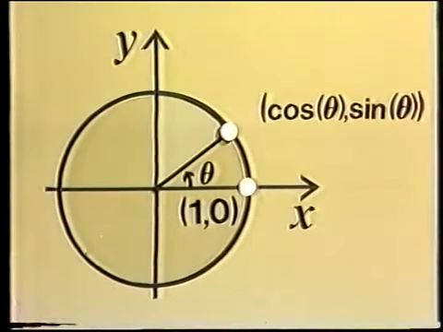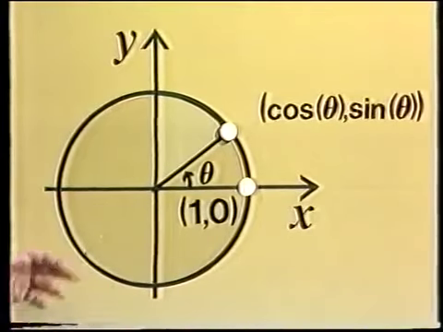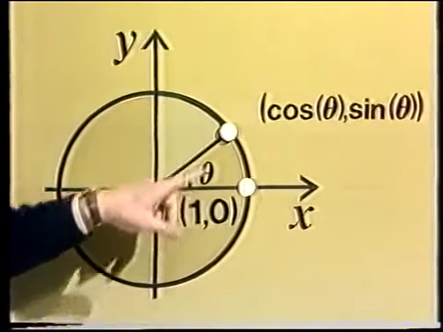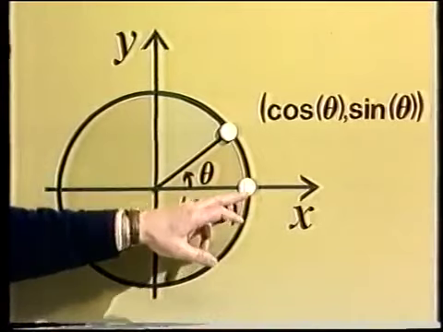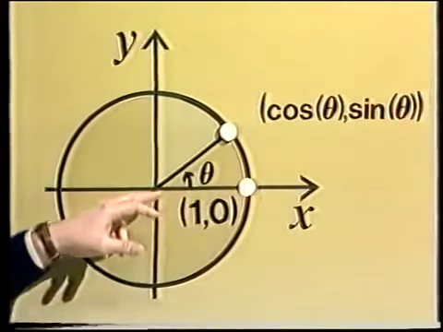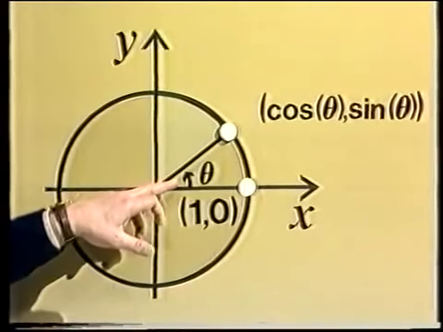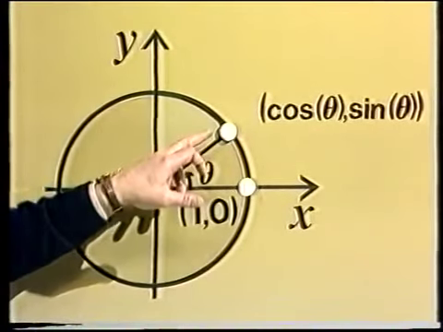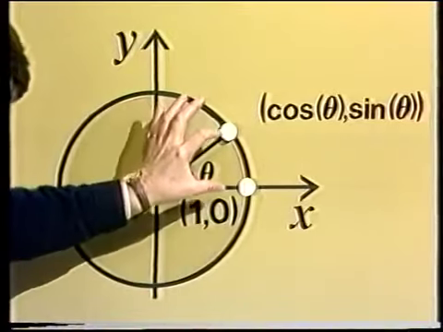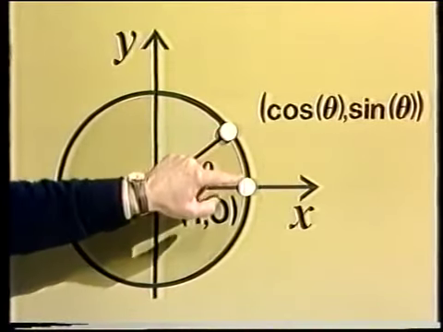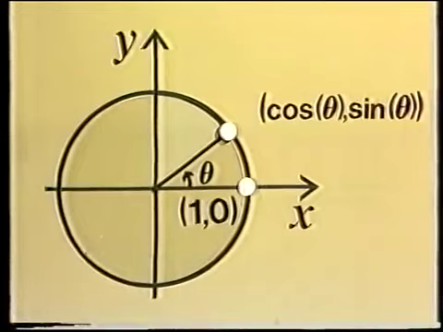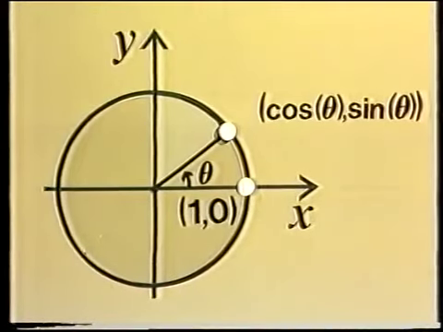But we always measure angles in radians, and the radian measure of an angle is defined as the arc length divided by the radius. But here the radius is just 1. So the radian measure of theta here is just this arc length. So this height and this arc length are all we need to plot sine theta against theta.